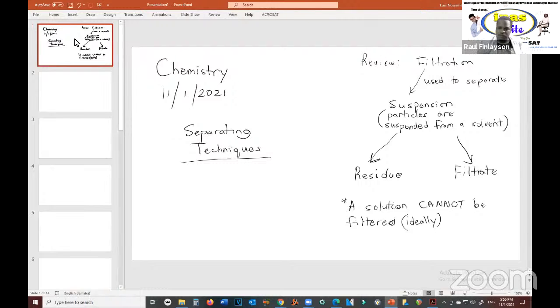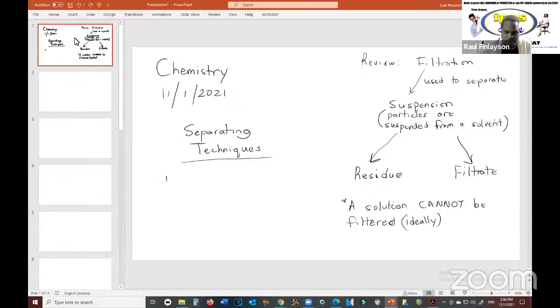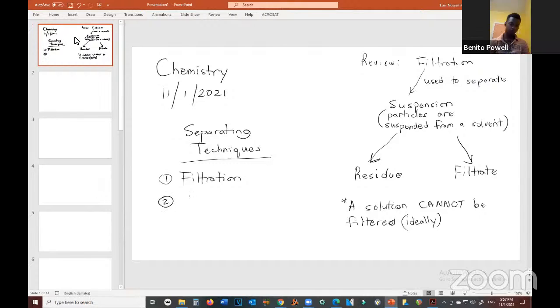Remember, did I give you a list of the techniques you're going to do? No, sir. Well, filtration is the most basic one. Somebody said we did which one last week? Distillation. Yes.